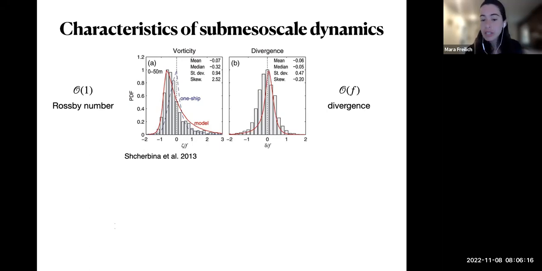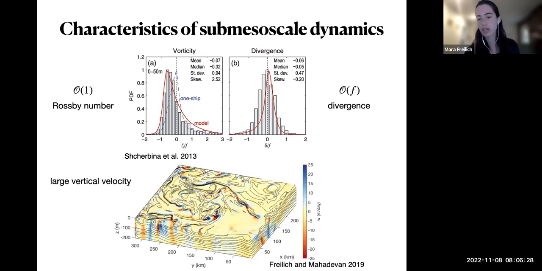I actually think what is particularly important is not just the vorticity, but that the divergence also is order Coriolis frequency. And as a consequence of that, you can have large vertical velocity as well at the submesoscale. And so these large velocity gradients and large vertical velocity are important.